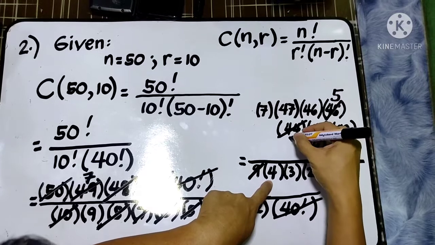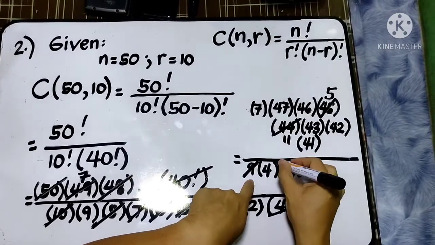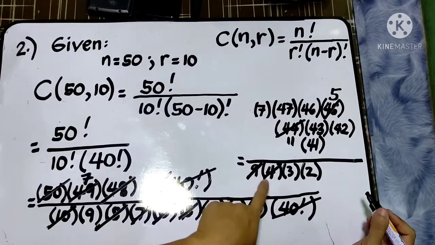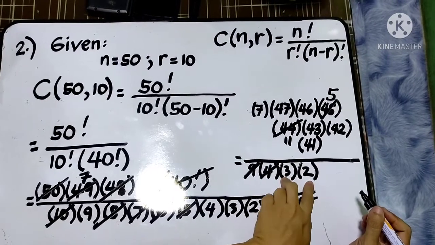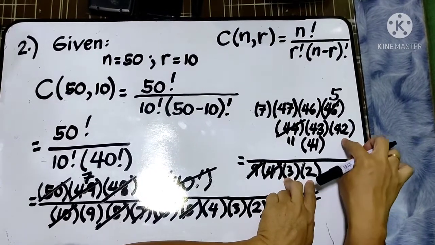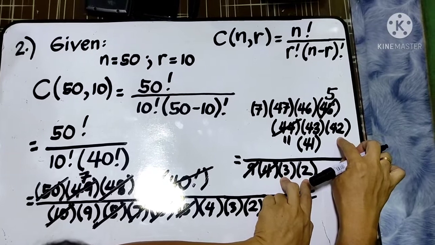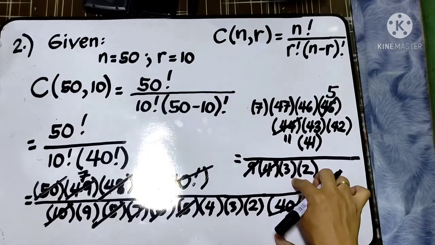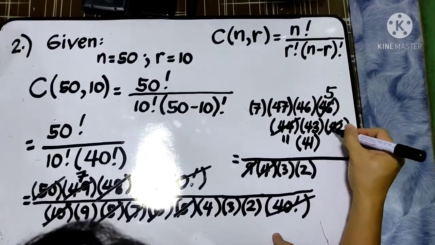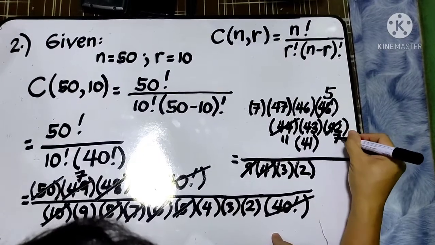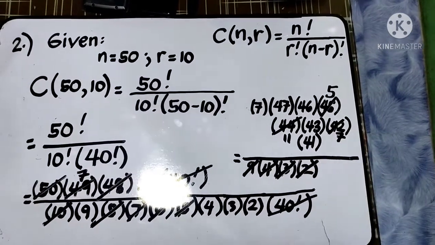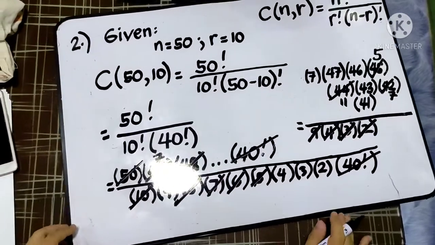Merong matitira ditong 11. Wala na to. Now, 3 times 2 is 6. 42 can be divided by 6. 42 divided by 6 is 7. So, meron tayong 7 dito. Cancel na to. So, ano na lang yung mga natitira?